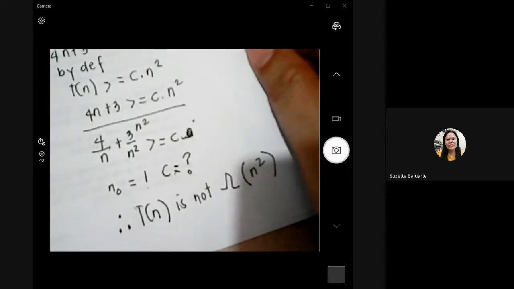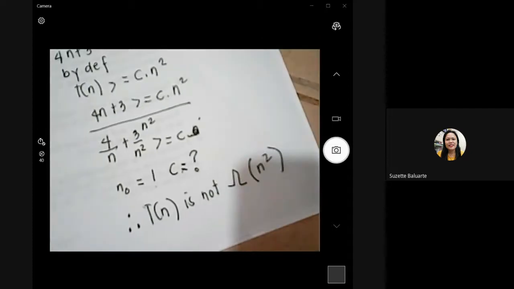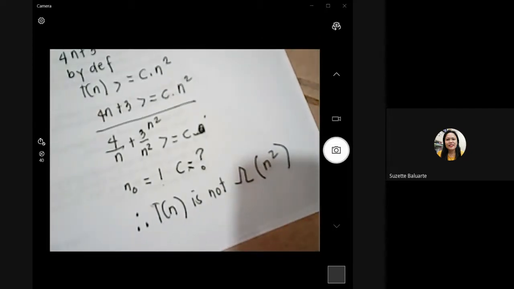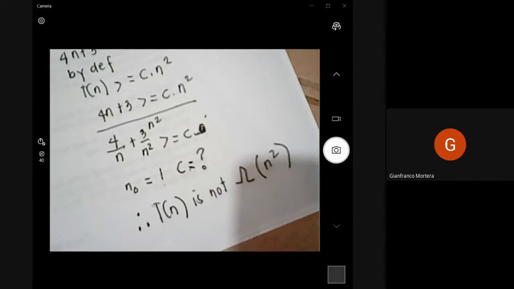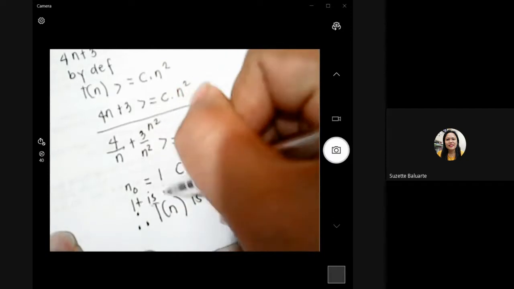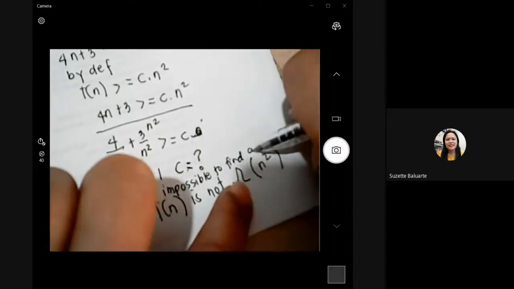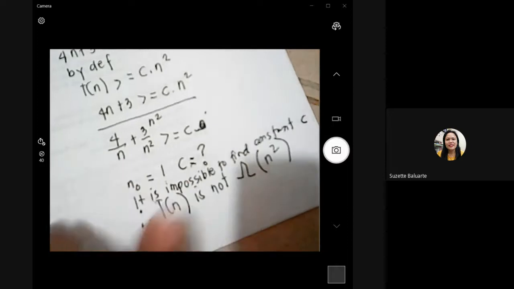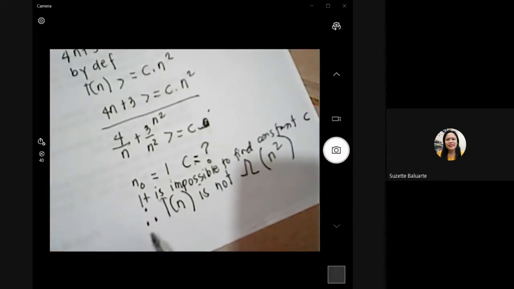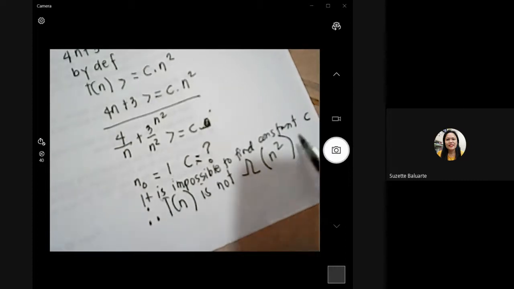Okay, you understand. So it is not theta itself either, because if it is not omega, it is impossible to find constant C. And then, therefore, your T of n is not big omega of n squared.